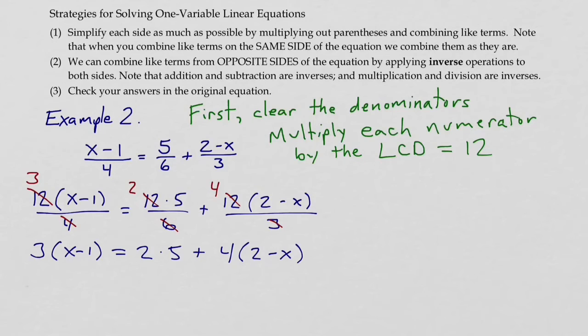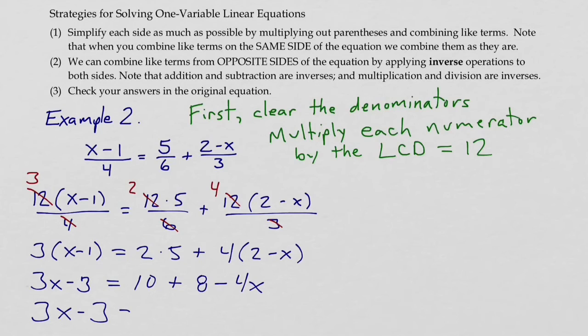Now, just like with example 1, I can distribute the 3 across the parentheses, multiply out 2 times 5, distribute the 4 across the parentheses, and combine some like terms. So I end up with 3x minus 3 equals 18 minus 4x.